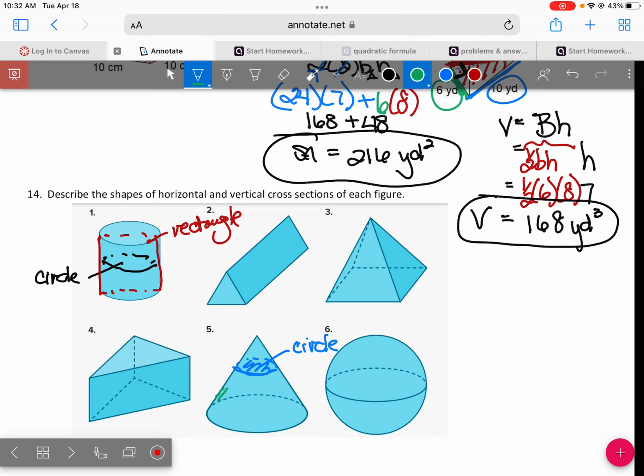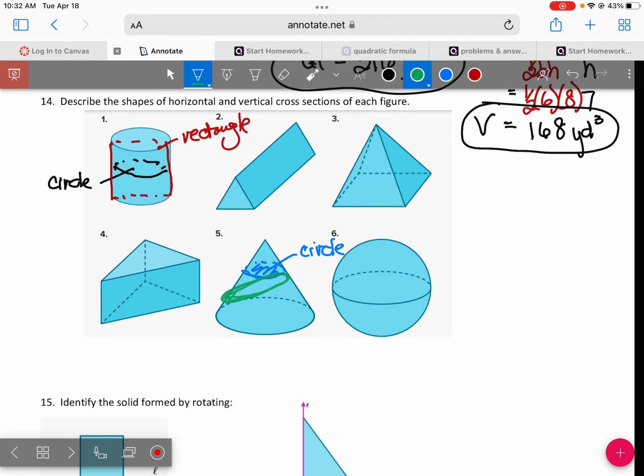What if I do a slant on a cone? Oval, but what's the mathematical term? Ellipse. Ellipse is what I would prefer to see.